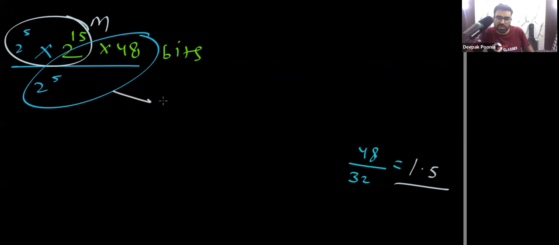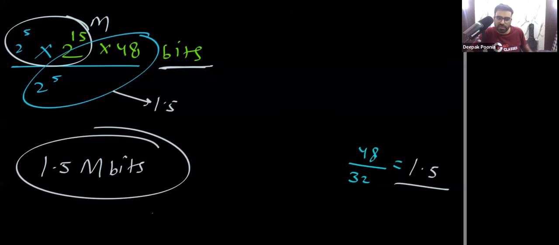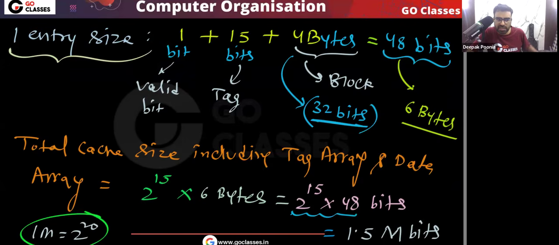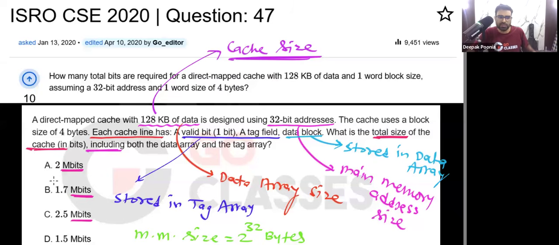So this will become 1.5 capital M, and this is bits. So your final answer will be 1.5 capital M bits. This will be the final answer. So I can say this is the same as 1.5 megabits. And remember what is 1 M? That is equal to 2 power 20. 1 G, capital G, is equal to 2 power 30. 1 K is equal to 2 power 10. So here your answer will be 1.5 megabits.